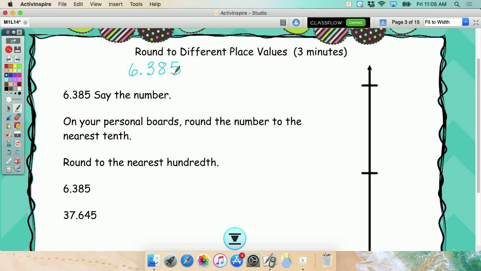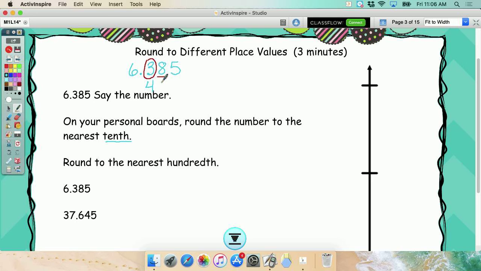Okay, so I'm going to round this to the nearest tenth. Which digit is in the tenths place? The 3. So, find the place value and circle that digit. Move to the right and underline. Get it? 0 to 4, the 3 stays the same. 5 to 9, add 1 is the game. So the 3 becomes a 4, right underneath it, write the 4.